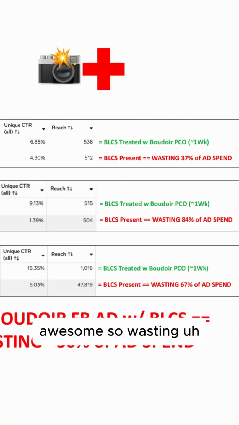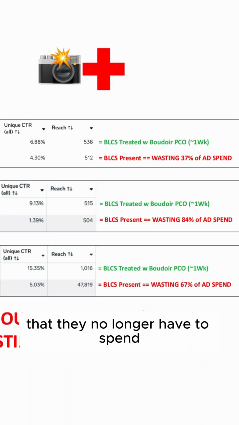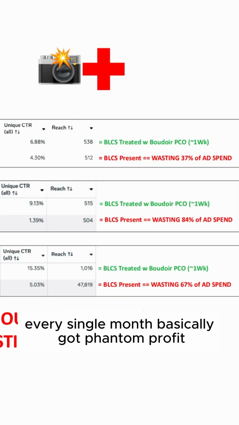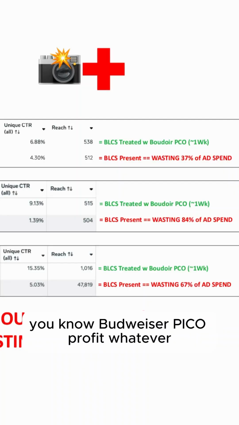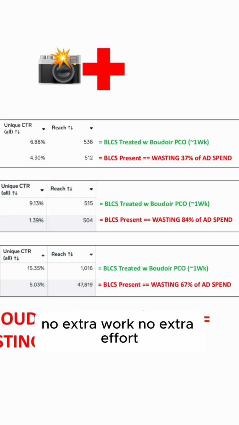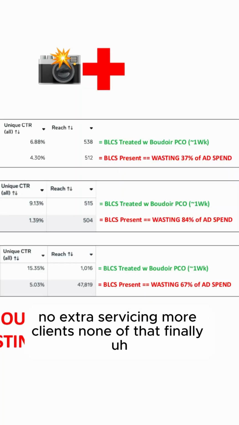Awesome. That $8,400 a month difference they no longer have to spend, they keep as profit every single month. Basically a phantom profit, Boudoir Pico profit, whatever. At the end of 12 months, it's basically 100K extra in the bank. No extra work, no extra effort, no extra servicing, no more clients, none of that.